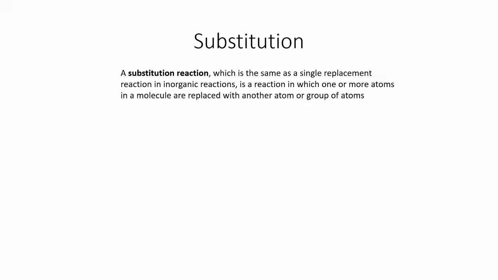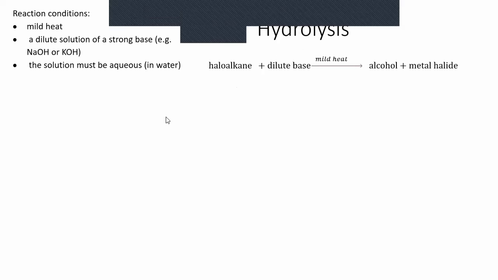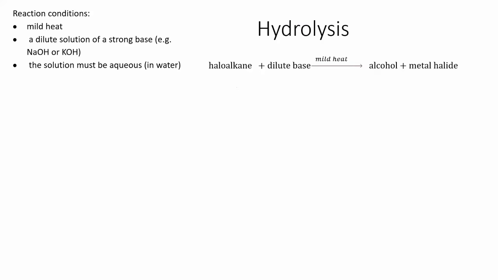All right, let's get this clear. Here's an example of substitution. The first one is called hydrolysis. Now, hydrolysis is very interesting because hydrolysis looks very similar to dehydrohalogenation. Very, very similar to dehydrohalogenation, but it's not dehydrohalogenation, it's hydrolysis. Here's an example.